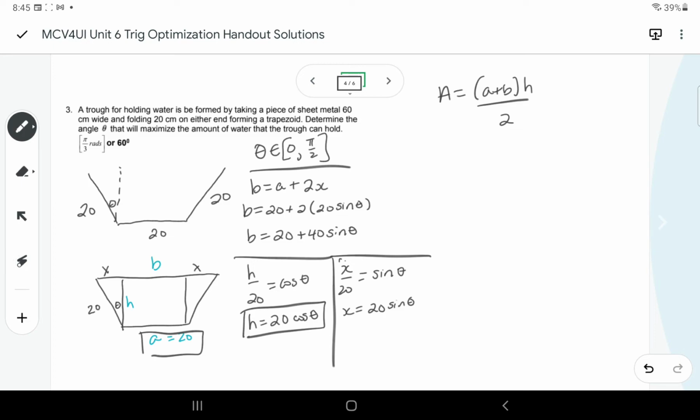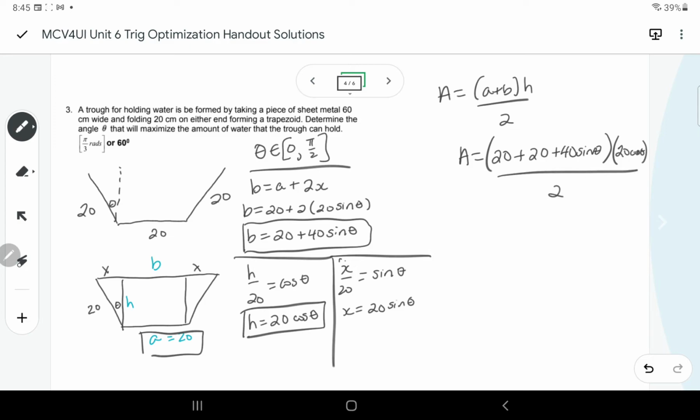So here, I'm going to take my A and my B and my H and put them all into my area equation. So here I have 20 for my A plus (20 plus 40 sine theta) for my B, times my H, which is 20 cos theta, all over 2.